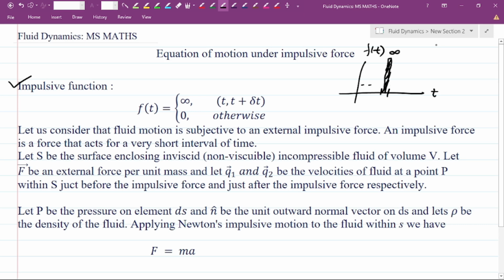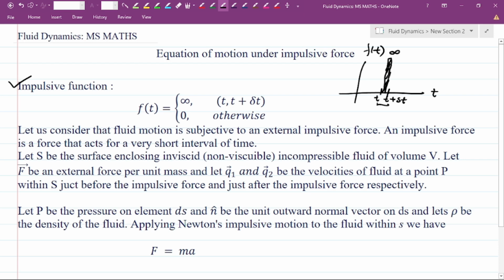This is the impulse function, where the interval runs from t to t plus delta t, and this difference is the delta t. For this particular interval, the value of the function is infinite, meaning we can't calculate it, or rather it is very large for that small time period.